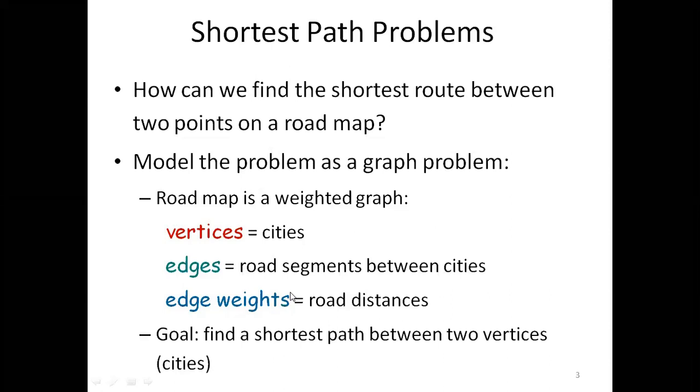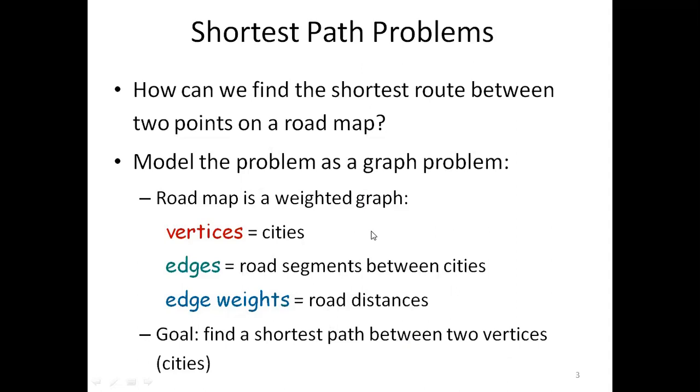You can consider the road segment from Yelur to Vijayawada as an edge. So we have edge weights, that is road distances. The distance from Yelur to Vijayawada is considered as the edge weight. So find a shortest path between two vertices or cities.